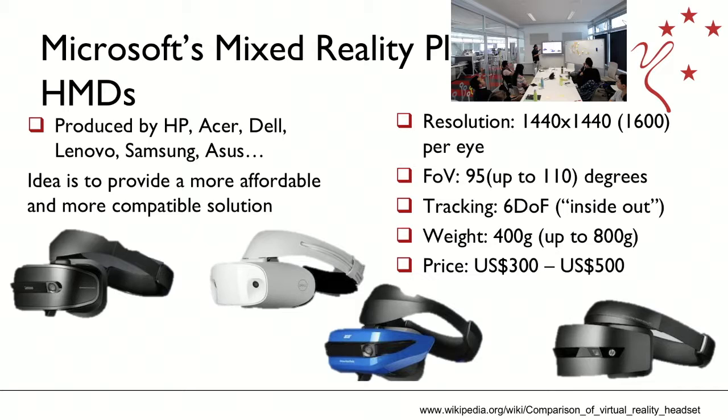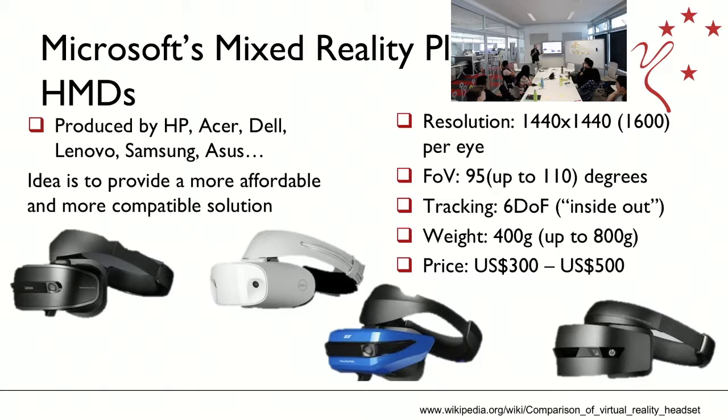So they have this mixed reality platform that vendors, so you know, Hewlett-Packard, Acer, Dell, can all produce units based on this same stack of hardware. So they look very similar. They have a lot of the same technologies built into them. And the idea is then to have like the PC of this world.